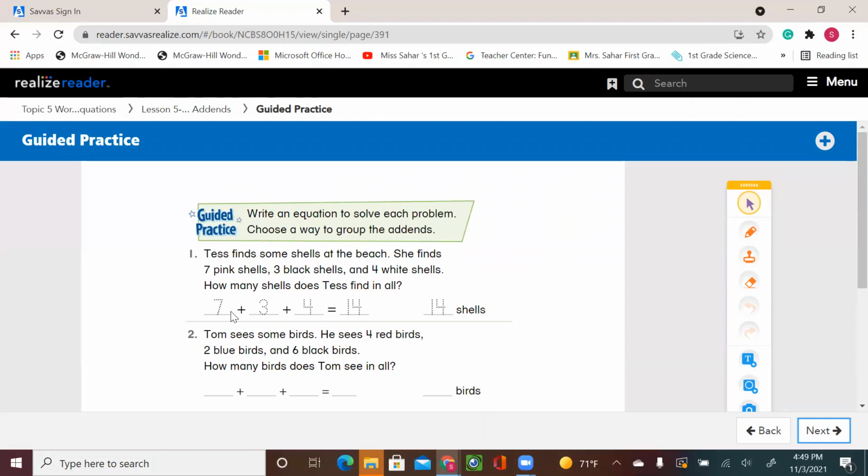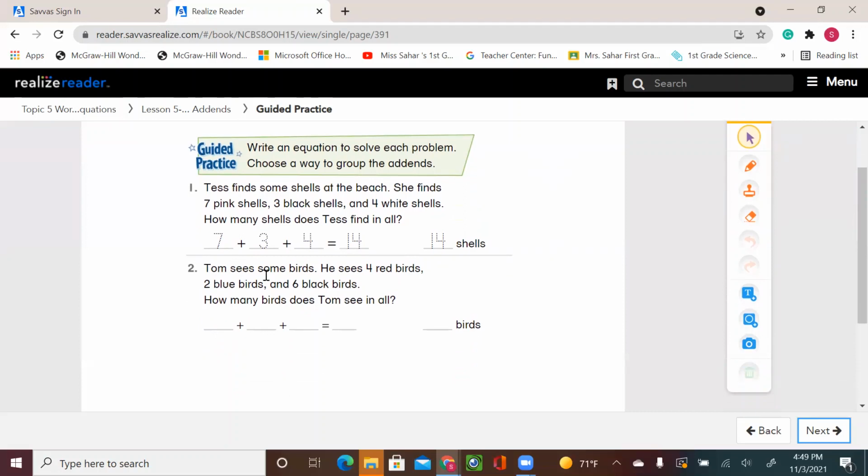All right, let's see. Number 2. Tom sees some birds. He sees 4 red birds, 2 blue birds, and 6 black birds. How many birds does Tom see in all? So let's put them first. So he first sees 4 and 2 and 6, right?